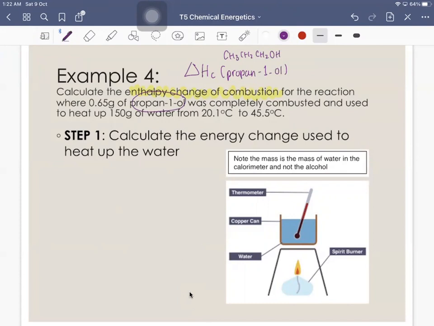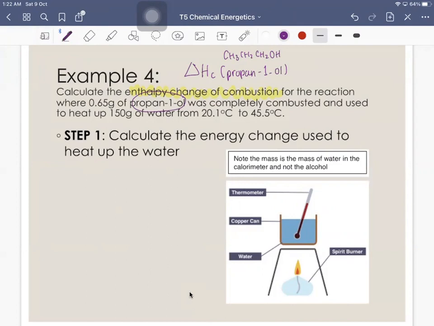And then it is used to heat up 150 grams of water from 20.1 degrees Celsius to 45.5 degrees Celsius. So you don't have the diagram here, but I do have the diagram.